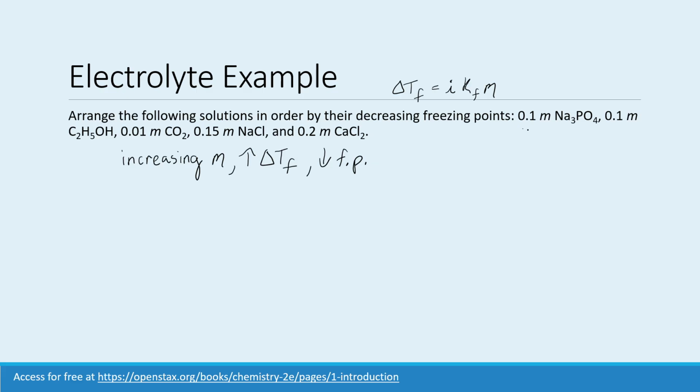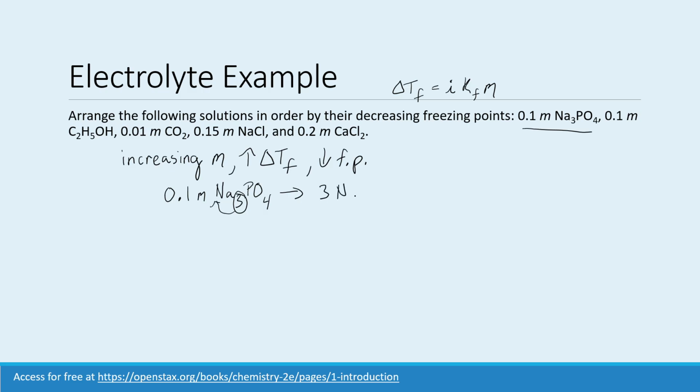Now, the issue is that these are electrolytes, and so we can't just assume, say, that 0.1 molal is only 0.1. We've got to look at the electrolyte and how it dissociates. And so you may have to go back and review your complete ionic equations. If we've got 0.1 molal of Na3PO4, that's sodium phosphate, it's going to dissociate.